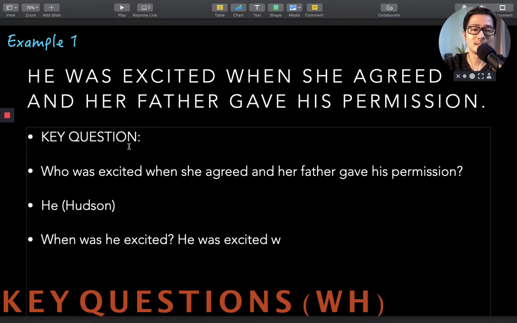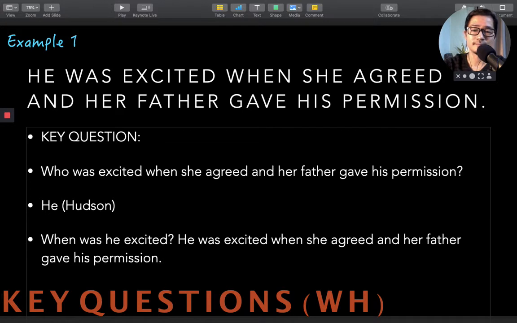You can just copy it, but I encourage you to type it up so that your brain will be accustomed to different structures in English. He was excited when she agreed and her father gave his permission. Okay, so, well, in the exercise, you only have to come up with one question, but I'm trying to show you how to come up with different questions for practice.